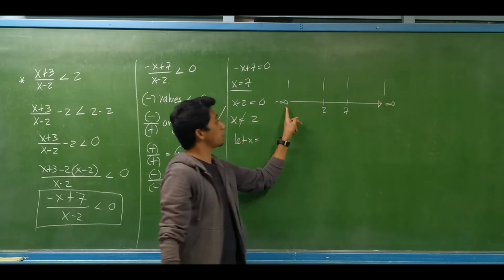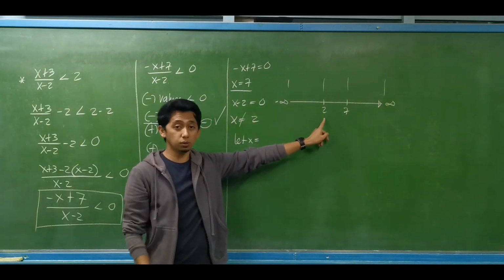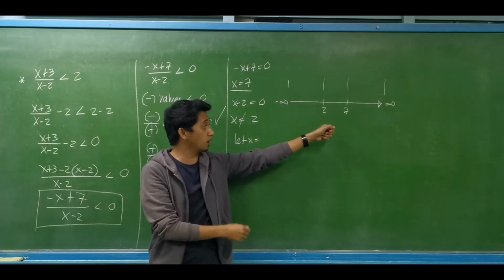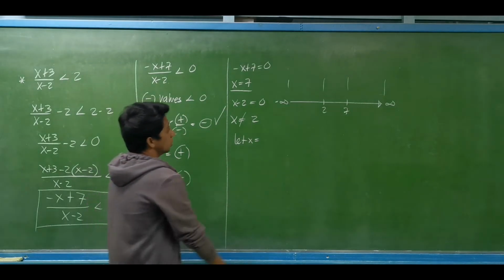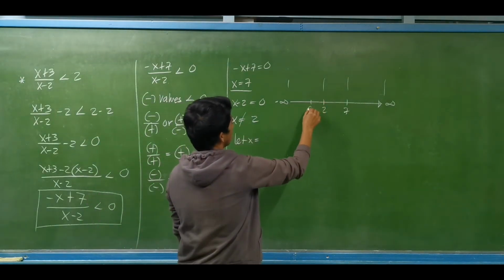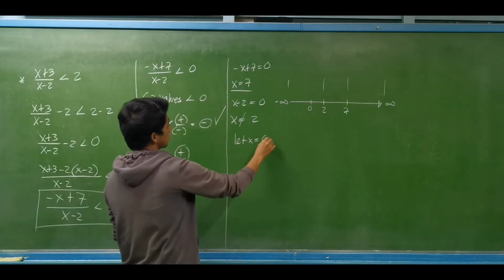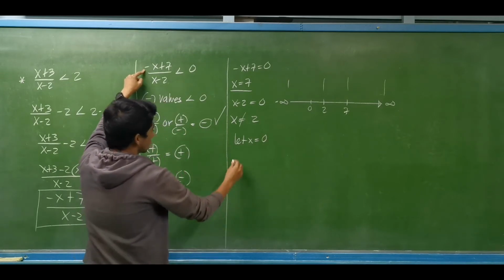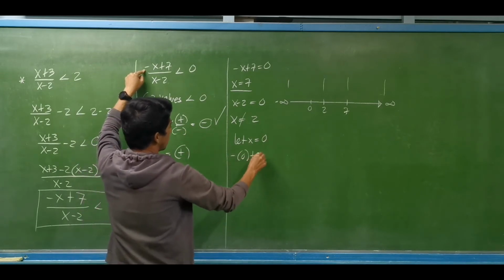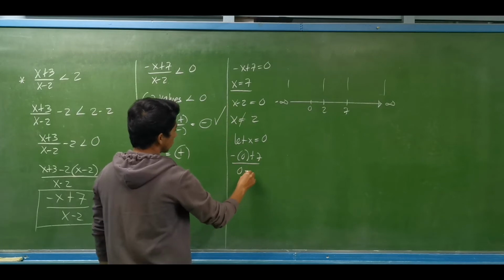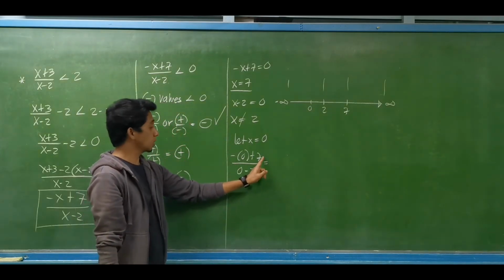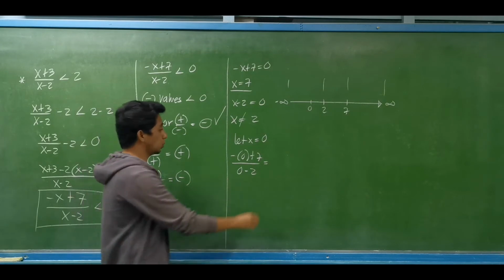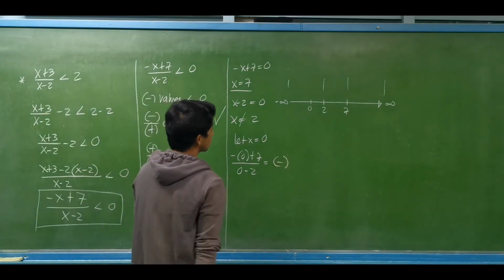Let us consider three intervals. The first interval is from negative infinity to positive 2, then positive 2 to positive 7, then positive 7 to positive infinity. On the first interval, I can use x = 0. So this is (-0 + 7)/(0 - 2), which is 7 divided by negative 2, a negative quotient.